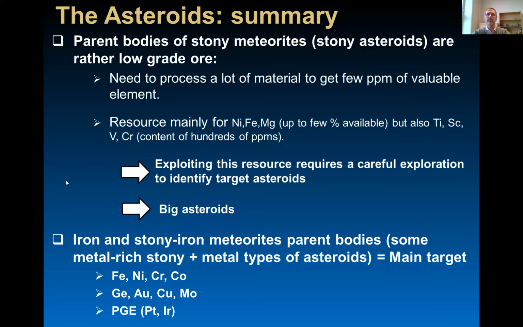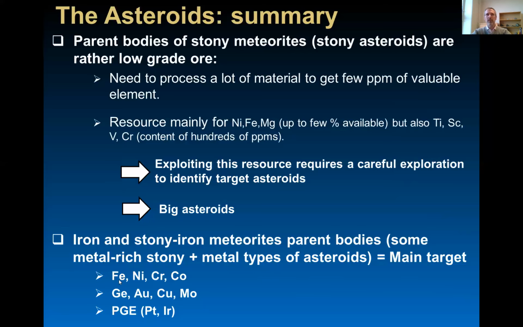On the other hand, iron and stony iron meteorites' parent bodies, that means some metal-rich and stony and metal types of asteroids, they are the main targets to get resources. And we are talking about large amount of them.